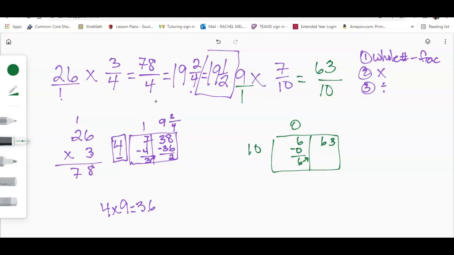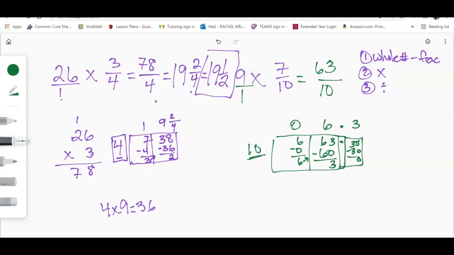If I have 63, how many 10s can I get out of that? That would be 6. 6 times 10 is 60. And I have 3 left. Now, I know that when we were doing dividing with decimals the other day, we could add our decimal, put a 0 here and take this 3 and put it here. Okay, and then we could divide again, right? And so this actually would end up looking like this, wouldn't it?